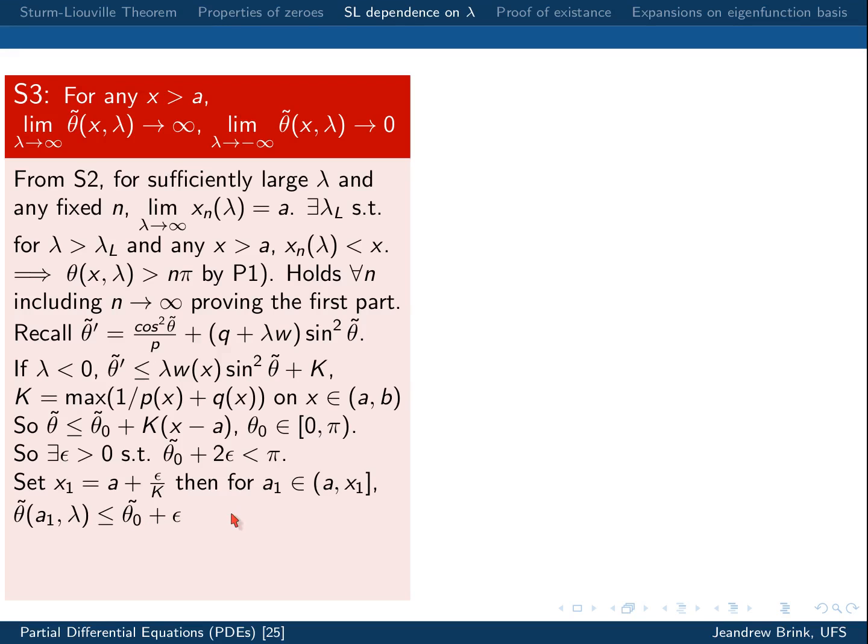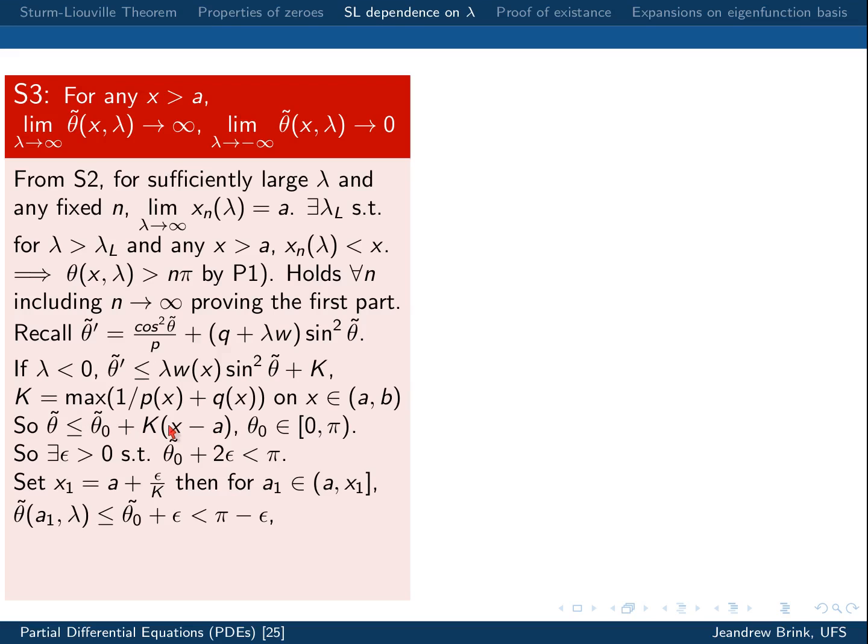The reason we have that is that all we know is that, with lambda negative, theta of x lambda is less than theta 0 plus k times (x minus a).